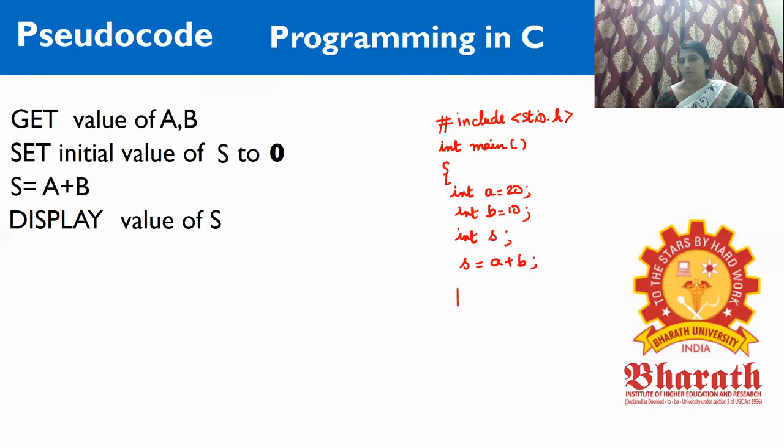And in order to get the output, we need a certain function, printf with %d. And then since we used int main, we need to end with return 0.